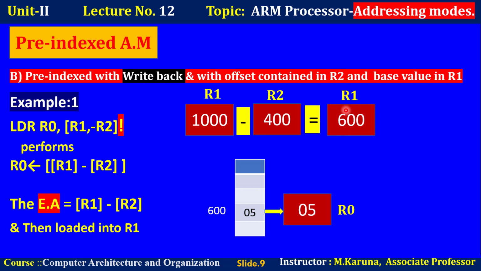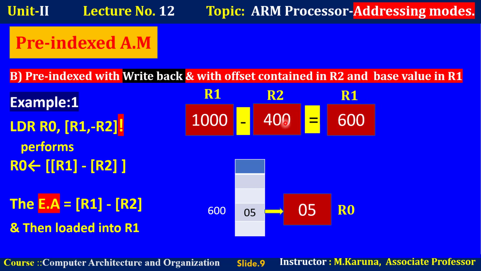Now this 600 will act as a base address for accessing the next element. So 1000 minus 400 gives 600.